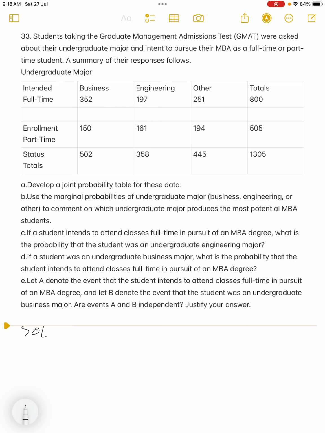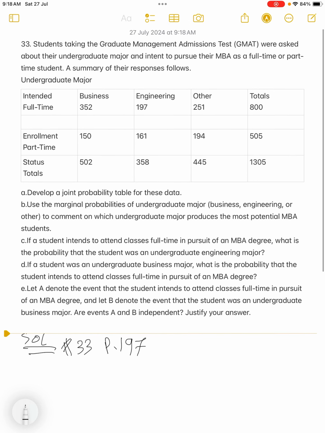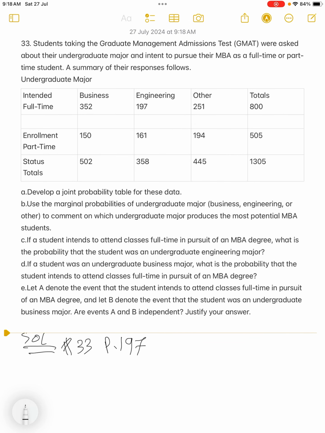Solution. Question number 33, page 197. Here I will read, first of all, the question.